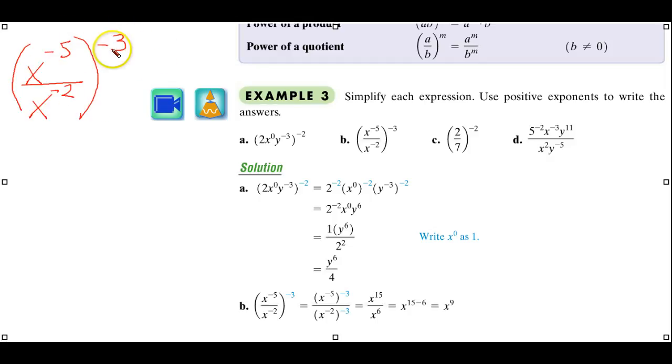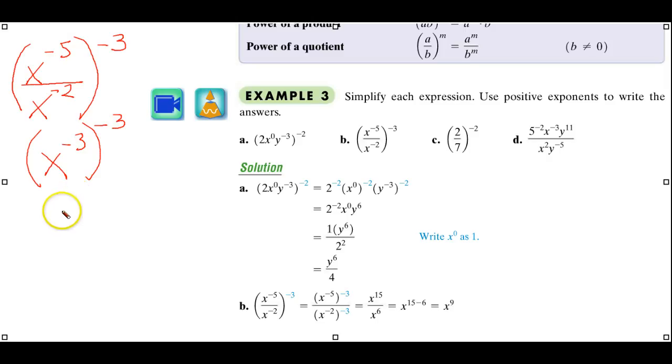Now for letter B, and there are a couple of ways to do this, but I would suggest simplifying what's inside the parenthesis. So this is going to end up being, as I bring this negative 2 up, a positive 2. So this is going to be left in my numerator now, x to the negative 3 to the negative 3rd.